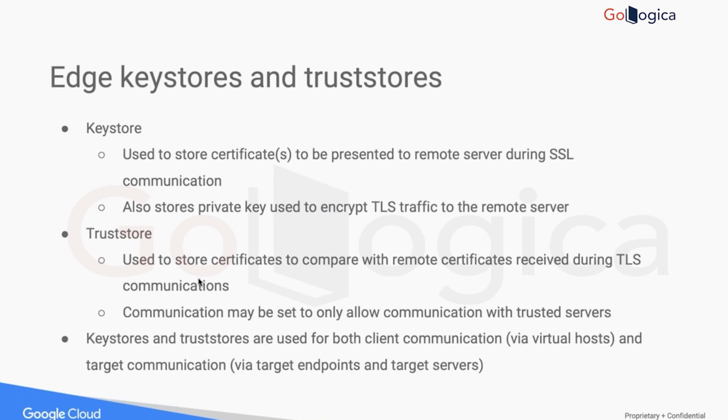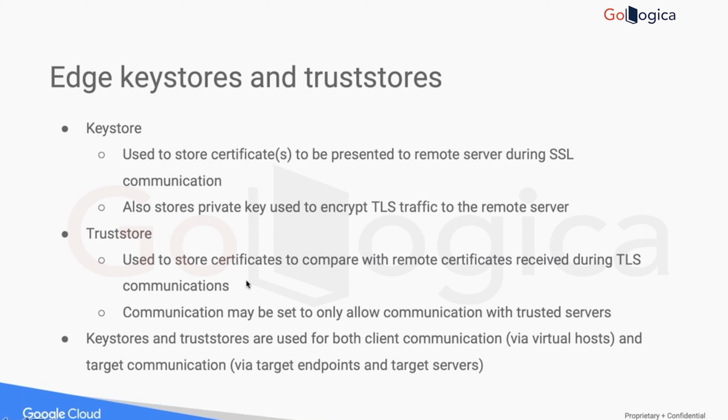Now, as we talk about certificates, whenever APG has to make a call to the server and present a certificate, the certificate and private key which APG has to present to the backend are stored in the key store. Now APG also has to verify the backend certificate, right?